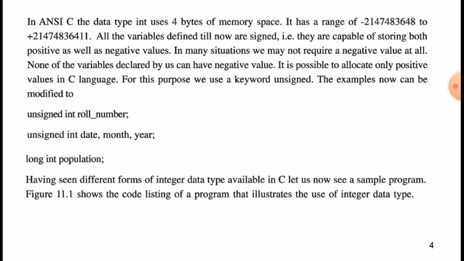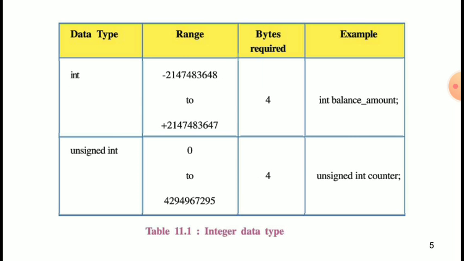Figure 11.1 shows the code listing for a program illustrating the integer data type. Before the example, here is a table for integer data types. First is data type, second is the range, and third is bytes required.